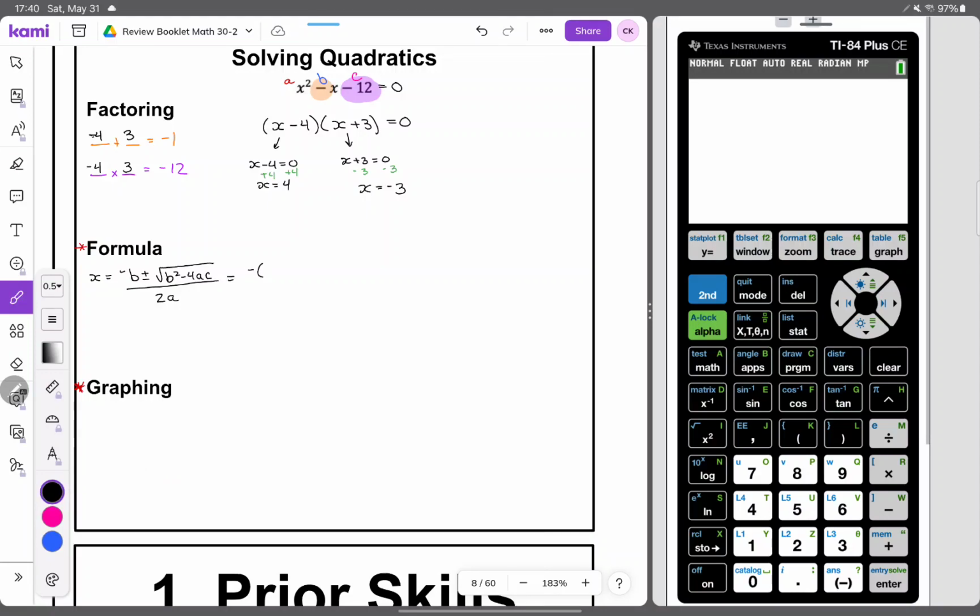So it's going to be -b, well, b is -1, plus or minus the square root of b squared, so (-1) squared, minus 4, a is just 1, and c is -12. And this is all over 2a.